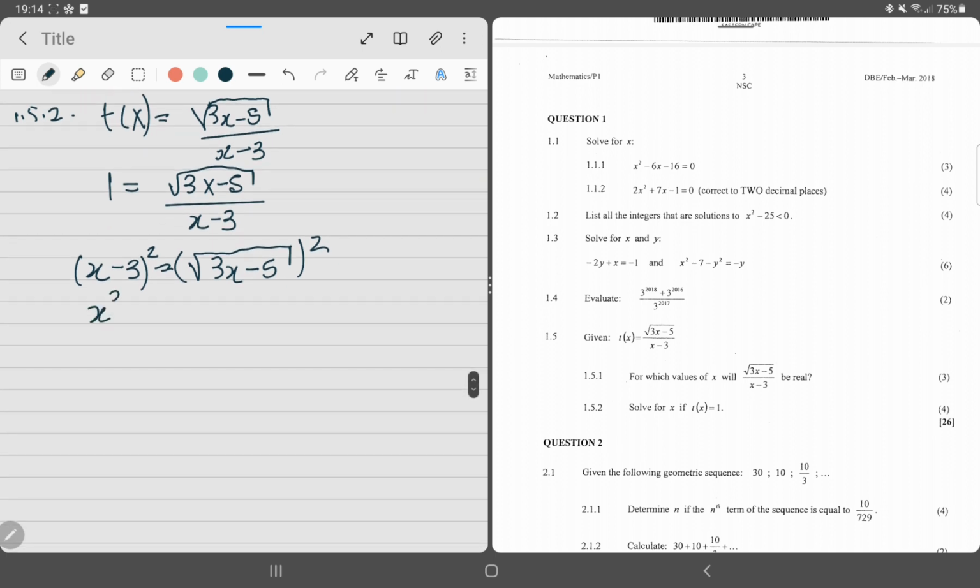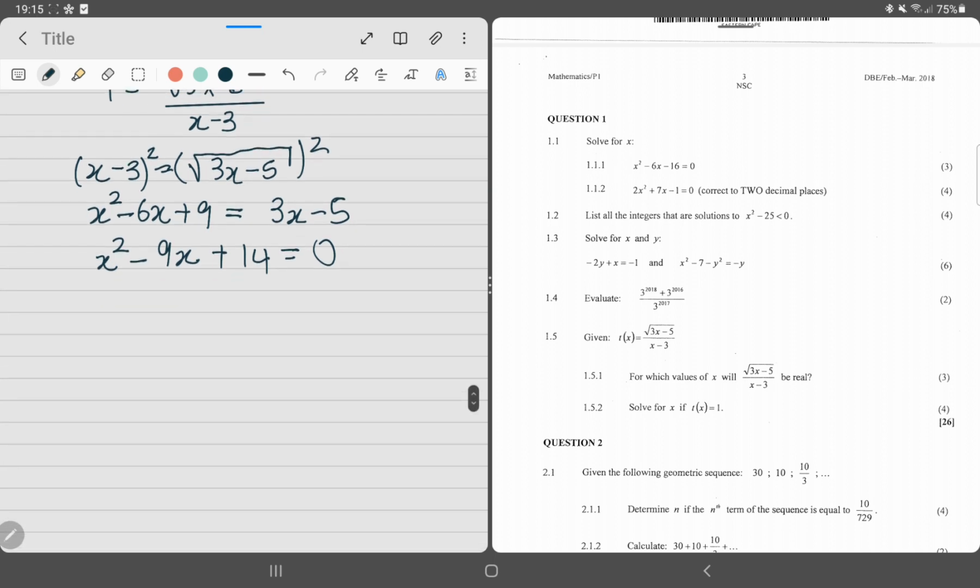So I'm getting x squared minus 6x plus 9, which is equal to 3x minus 5. x squared minus 9x plus 9 plus 5 is 14, which is equal to 0.